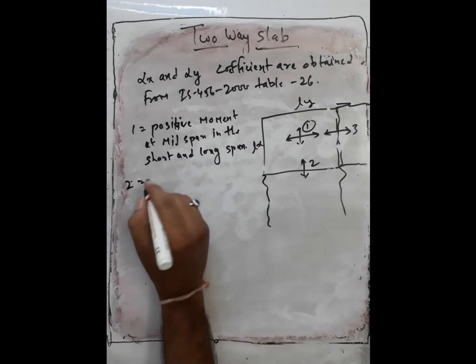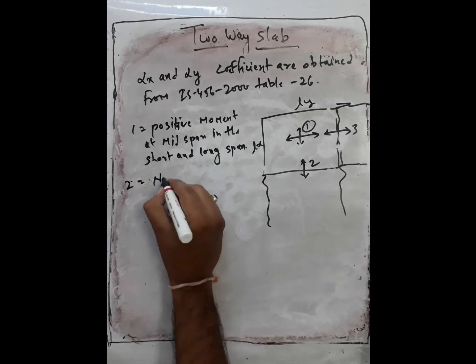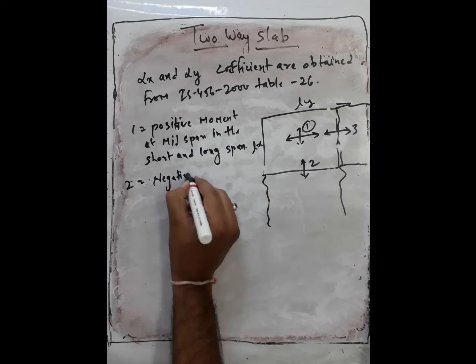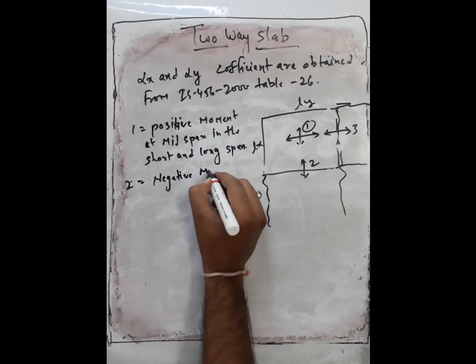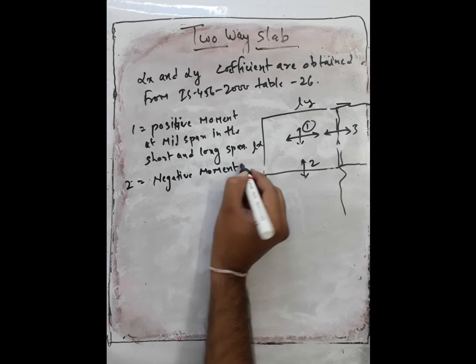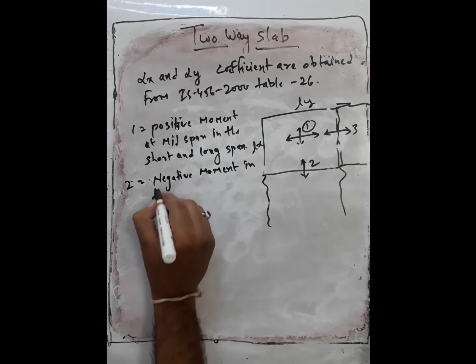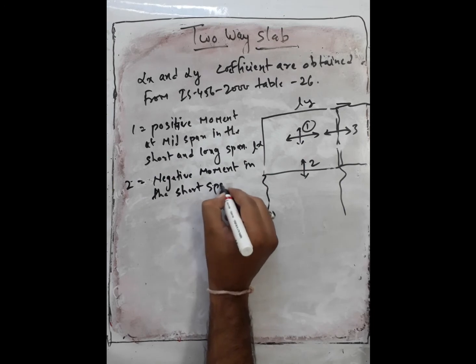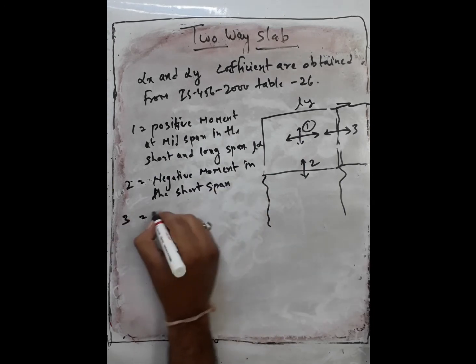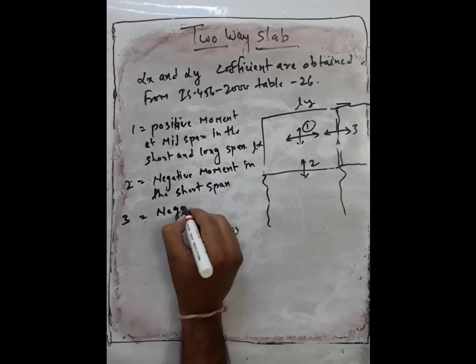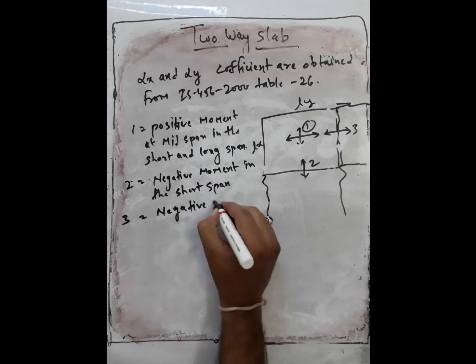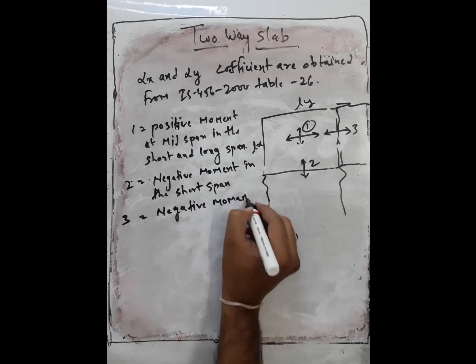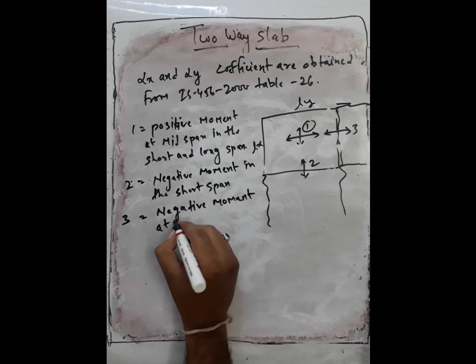The second point is the negative moment in the short span, and third is the negative moment at long span.